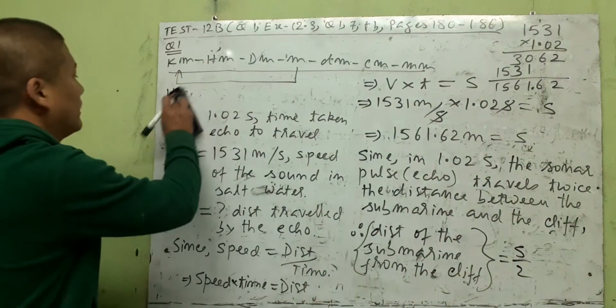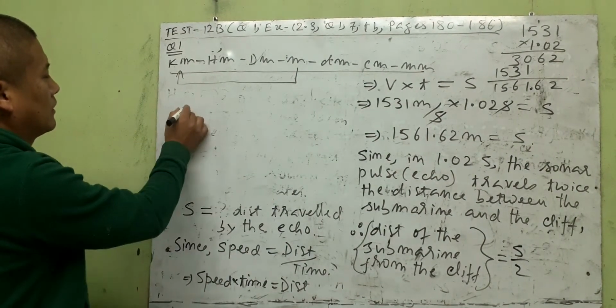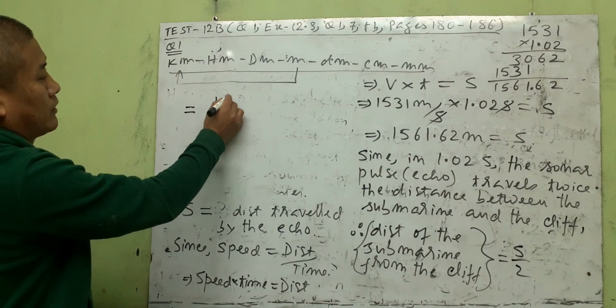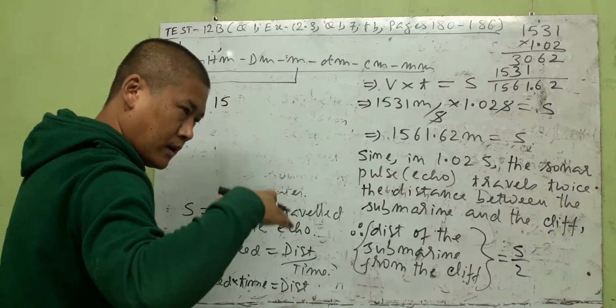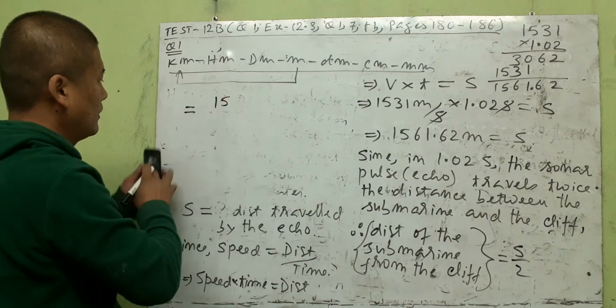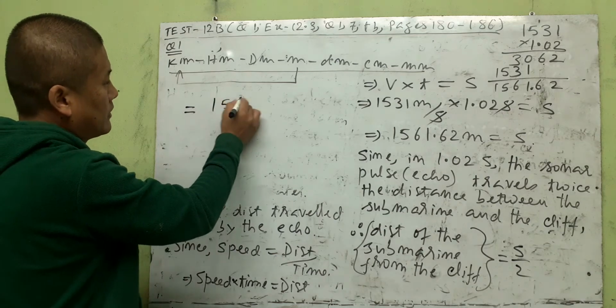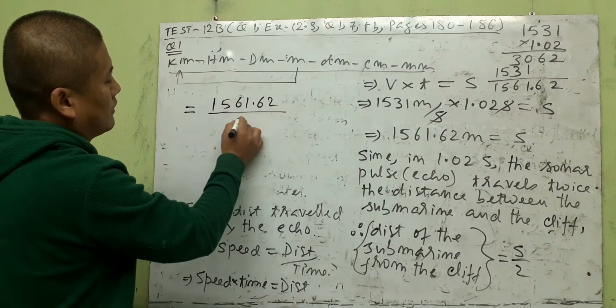So the actual distance traveled by the echo, going, hitting the cliff and coming back to the submarine, is twice. So that will be 1561.62 divided by 2 meter.